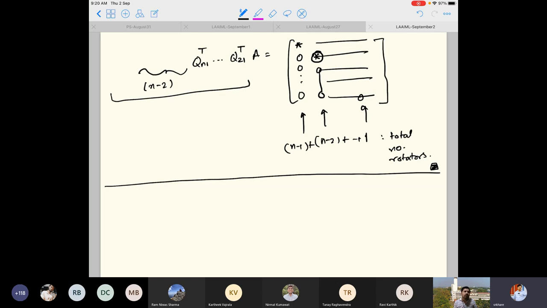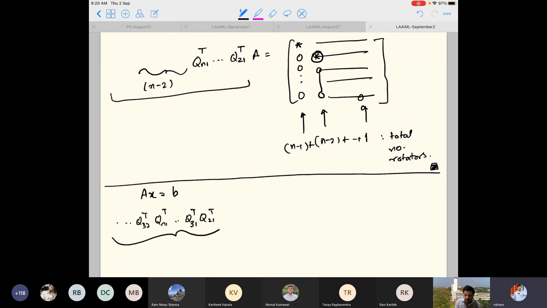And what you're supposed to do when you are really solving a system of linear equations Ax is equal to B is that you do not need to calculate QR decomposition explicitly. You don't need to multiply all these rotators together. What you will do is apply all these rotators one by one: Q21 transpose, Q31 transpose, Qn1 transpose, then Q32 transpose, and so on.